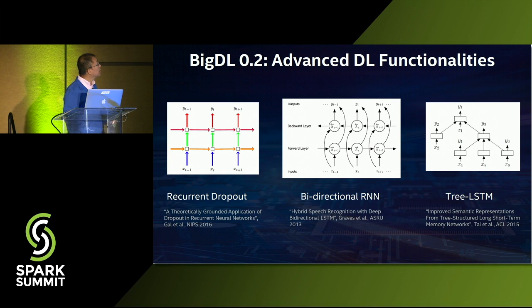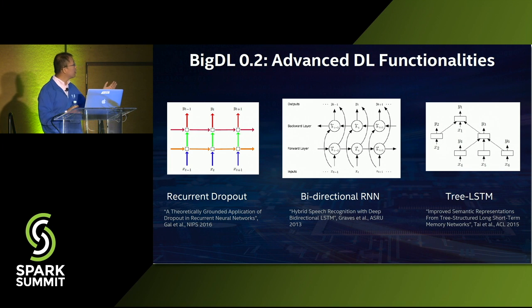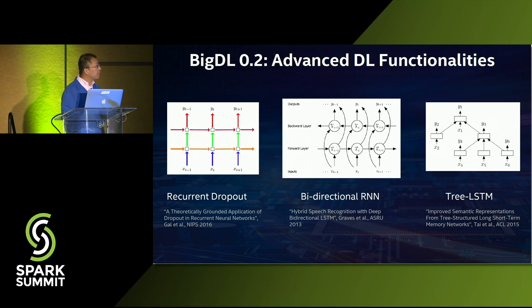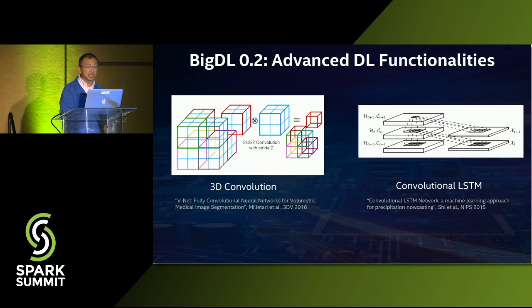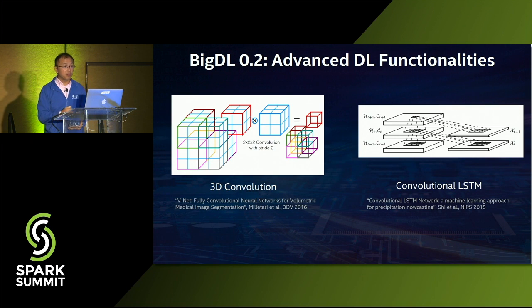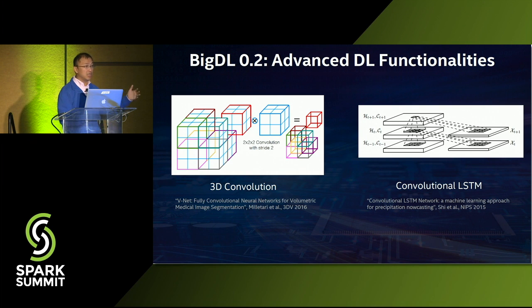Well, there is various advanced deep learning functionality, such as adding recurrent dropout directly on TreeLSTM, which some of our users are using to build sentiment analysis type of natural language processing. There's also 3D convolution, which is pretty important for a lot of medical imaging processing.